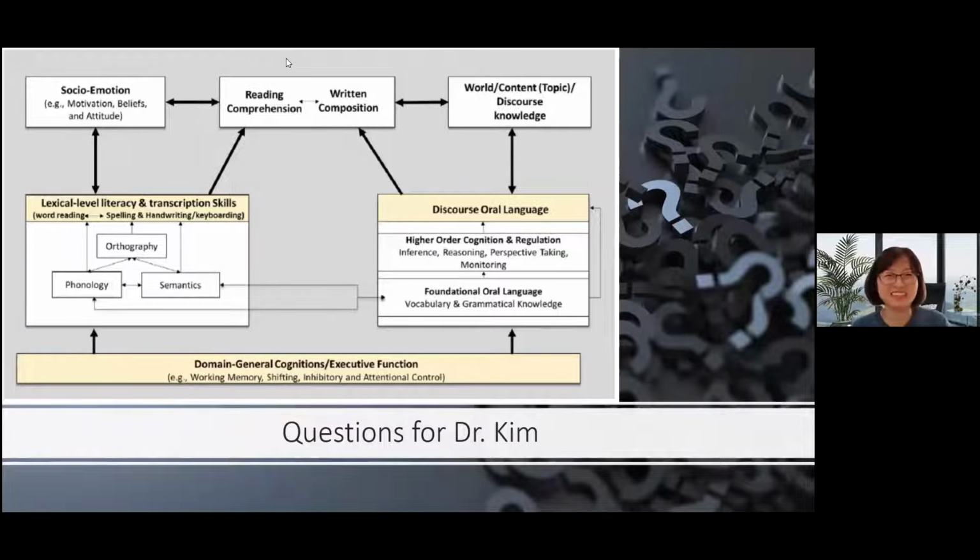I know very little about dinosaurs, right? That's a simple example of content knowledge. So I do not know much about dinosaurs, so I cannot generate very rich ideas. That means limited ideas. And even if I use a lot of superb vocabulary and sentence structure, the quality is not going to be as good.